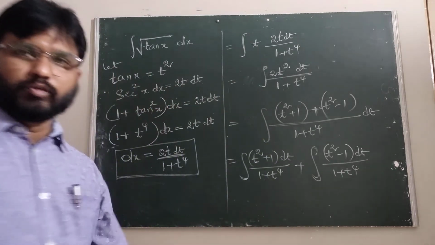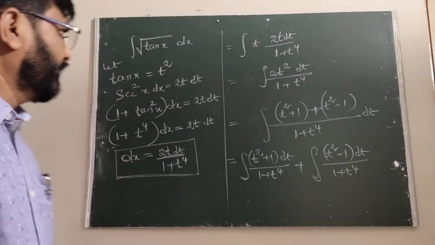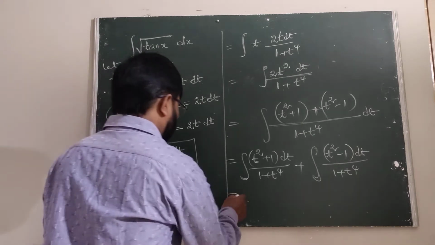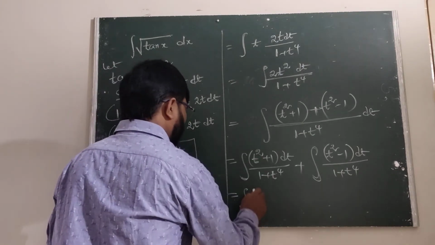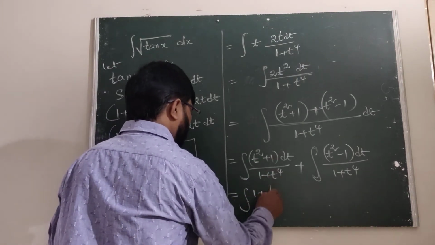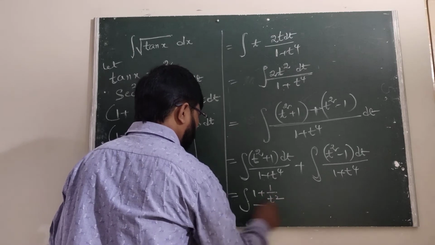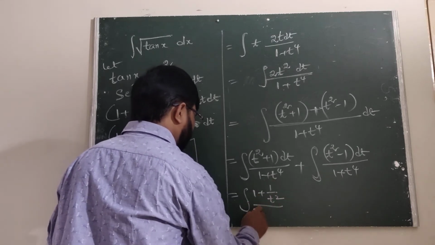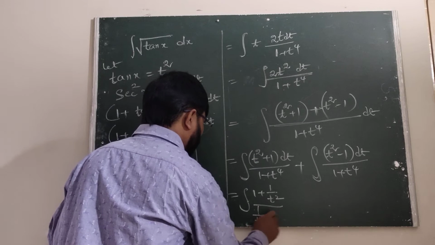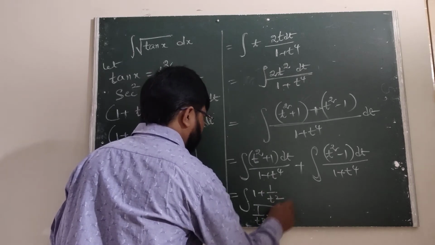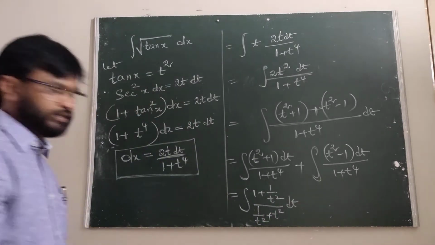After that, the numerator and denominator are divided by t square. T square by t square is 1, then 1 by t square, and t power 4 by t square is t square. This is dt. Is it clear?